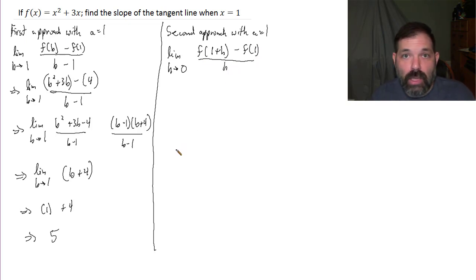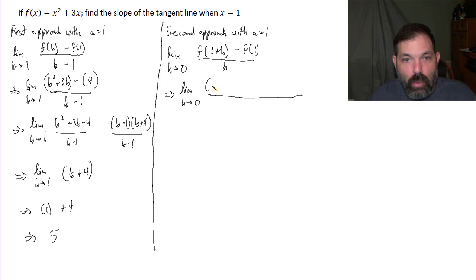Now again, I cannot use a direct substitution here. All right, so instead, let's try some algebra. Let's manipulate this. So this becomes the limit with h approaching 0. F of 1 plus h means I have to take this function, and everywhere that I see the x, I have to replace it with 1 plus h.